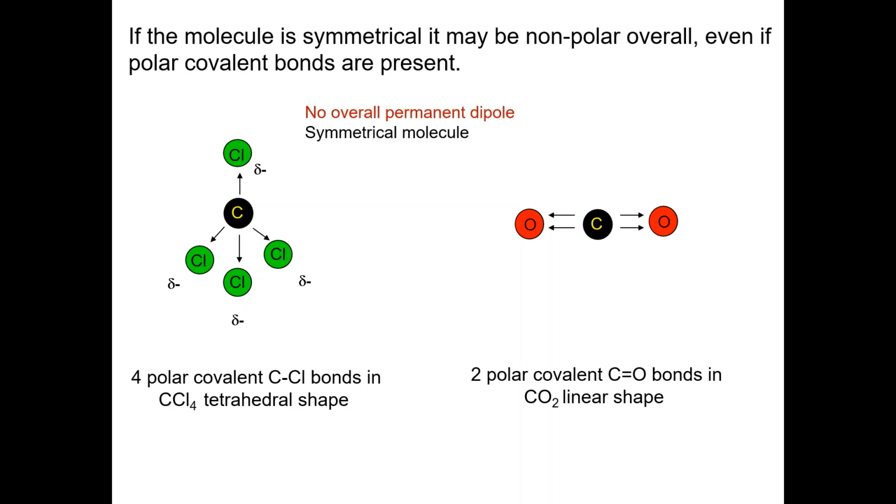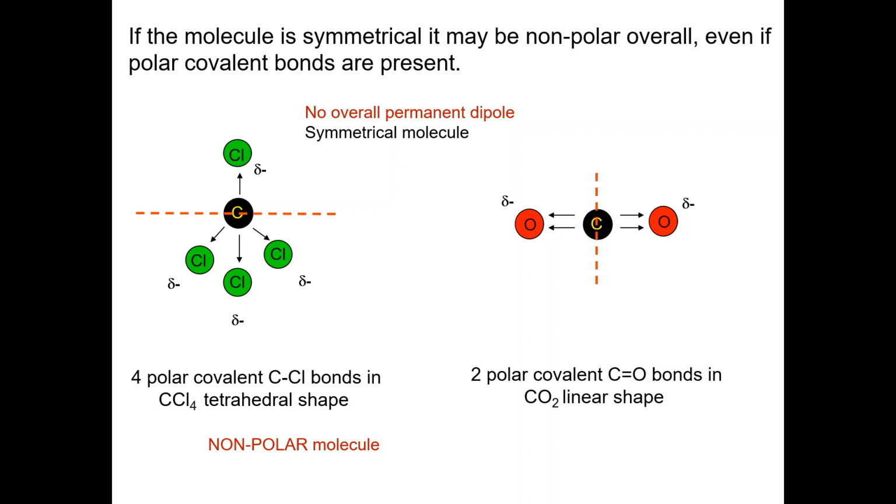However, we don't have an overall permanent dipole in the molecule because it's symmetrical. So even if we draw a line of symmetry through the molecule, we don't have a positive side and a negative side. Every side you approach this molecule from, it's going to give you a negative charge. So we describe this molecule as being non-polar, even though it's got polar covalent bonds.